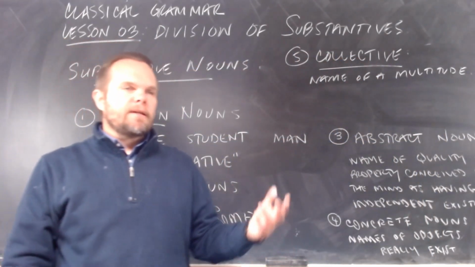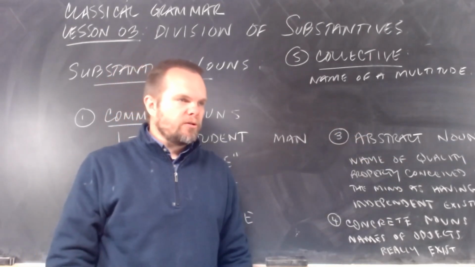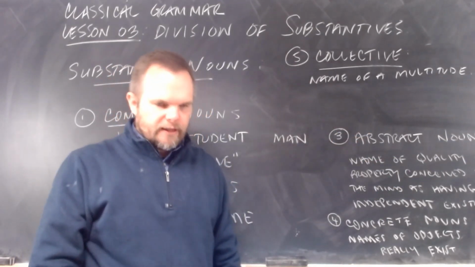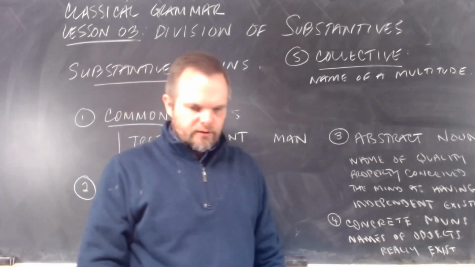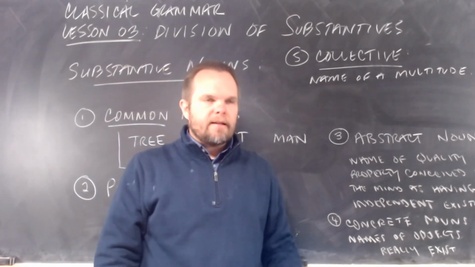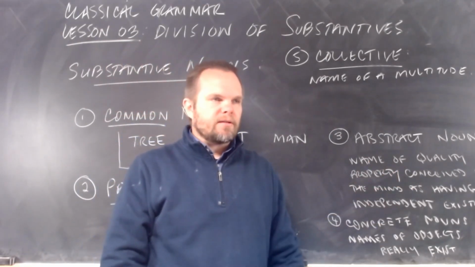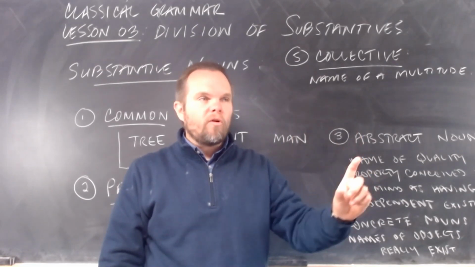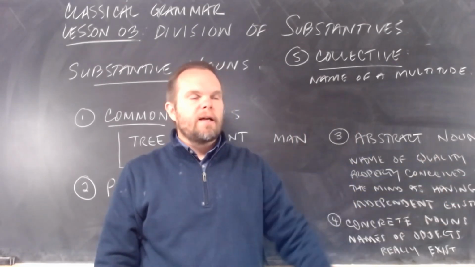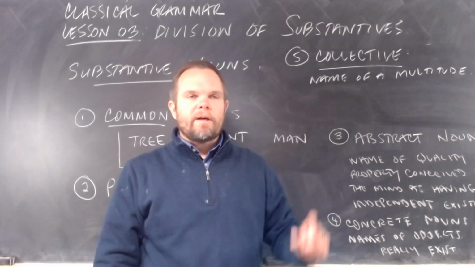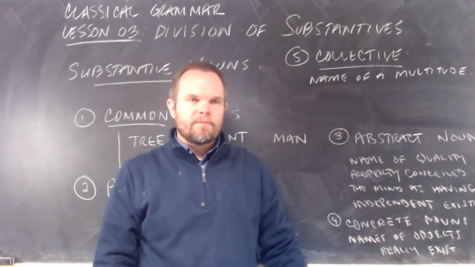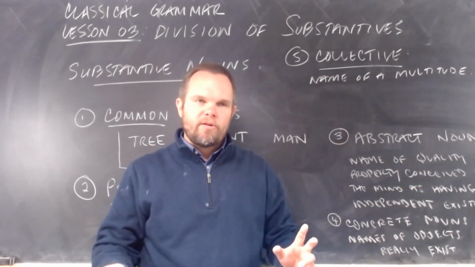Any name that's used to refer to a multitude is called a collective substantive. It names a collection of things. So the singular form refers to a number of things. We name a multitude, so they can be a little confusing.